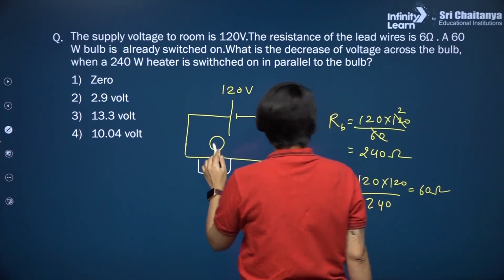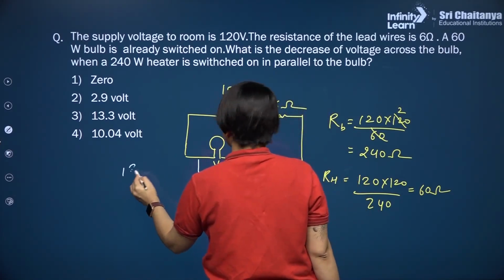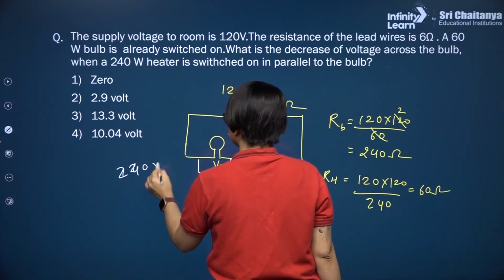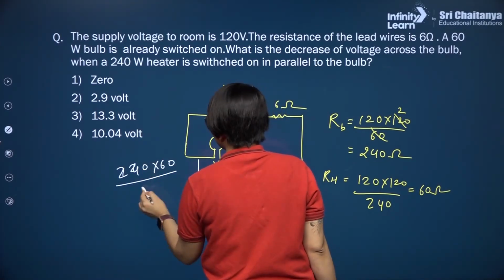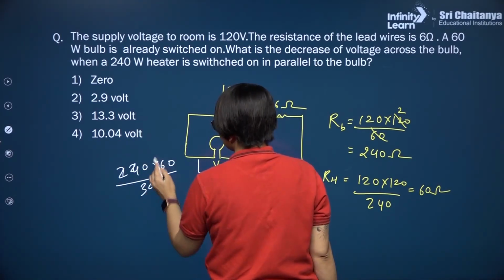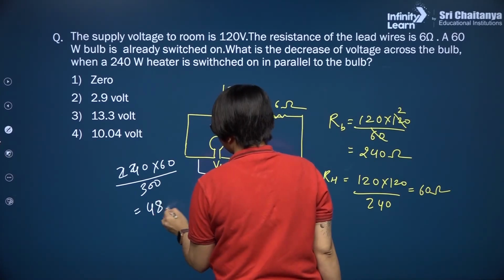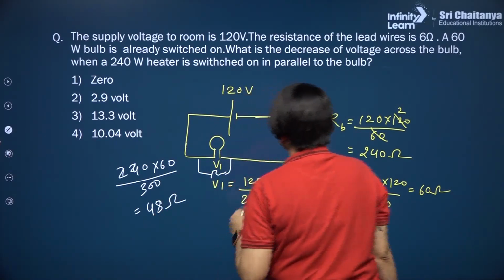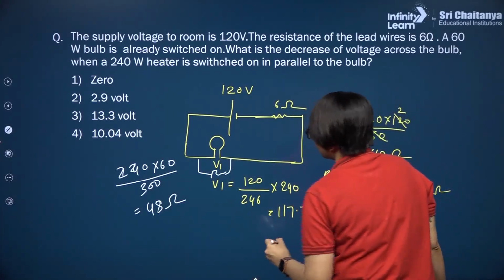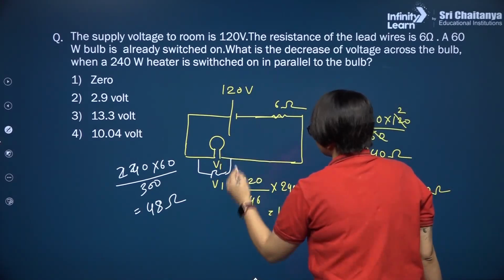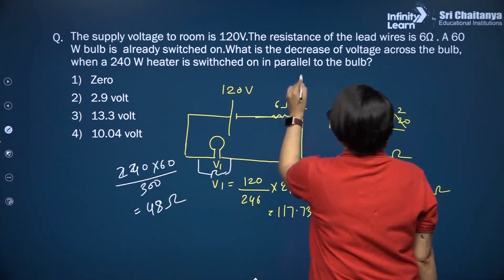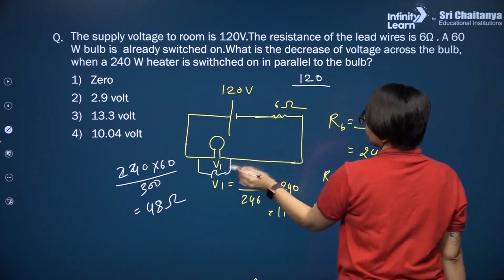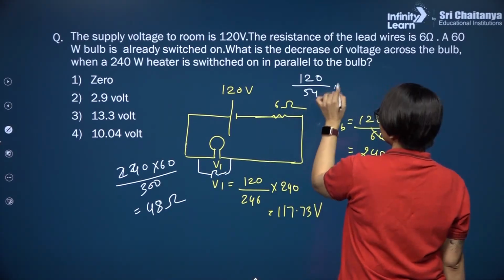Now when you connect the heater across it, the equivalent resistance will change to 240 into 60 divided by 240 plus 60, 300, that is 48 ohm. So the new current in the circuit will be 120 divided by 48 plus 6, 54 ampere.